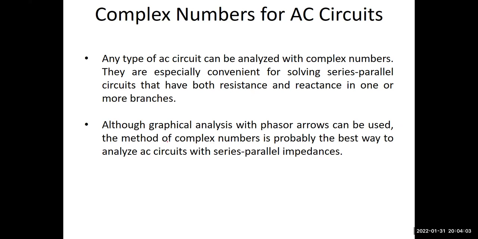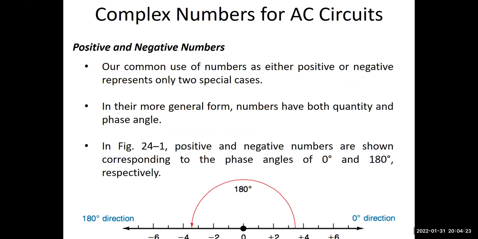You can analyze this using graphical analysis by using vector analysis, but it is much easier if we analyze AC circuits with the use of simple computation. Okay. So these are the positive and negative numbers in complex numbers.